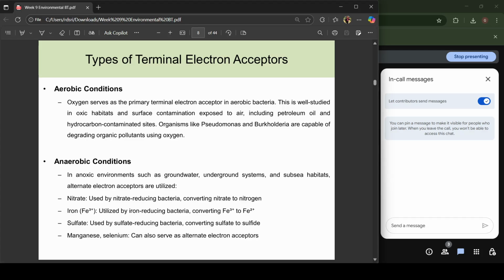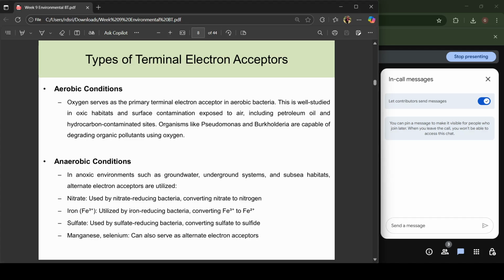We have seen the redox tower concept. In that, the redox potential is very high when oxygen serves as the terminal electron acceptor, and it gradually decreases with other electron acceptors. That is why the energy yield in aerobic processes is higher than in anaerobic processes.